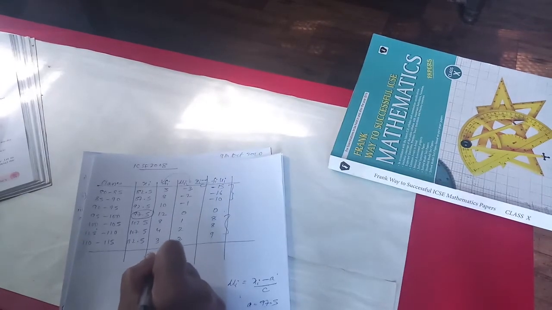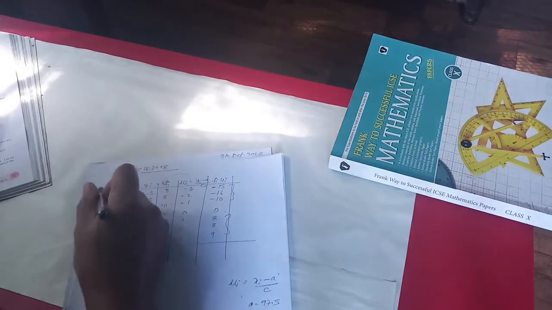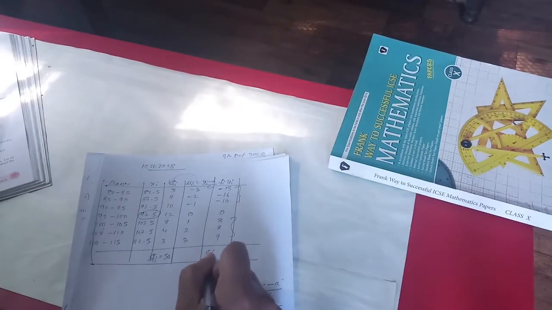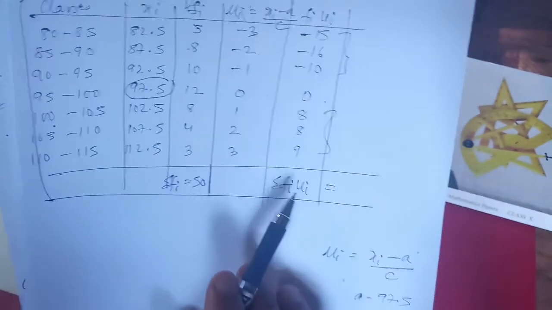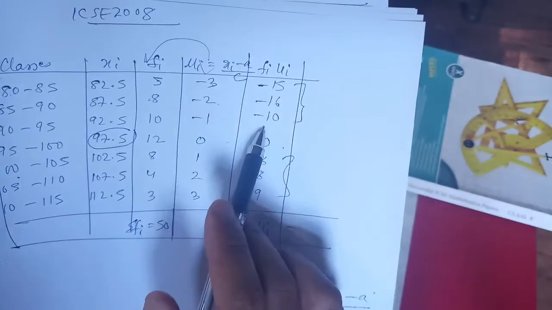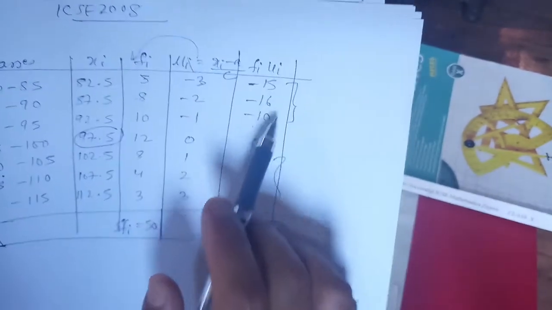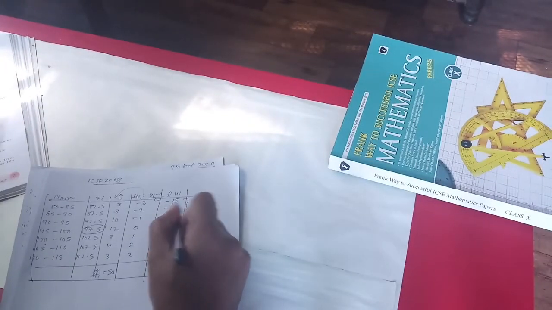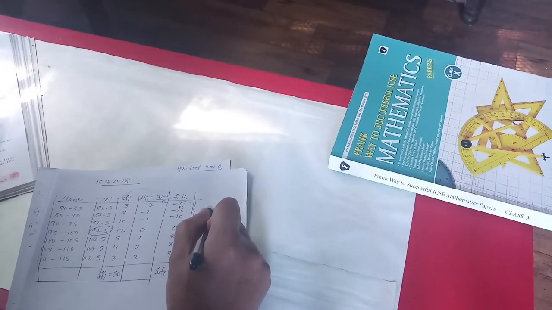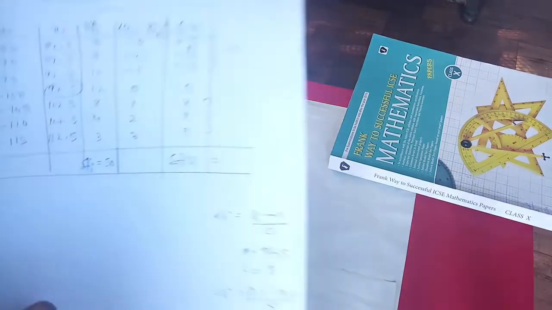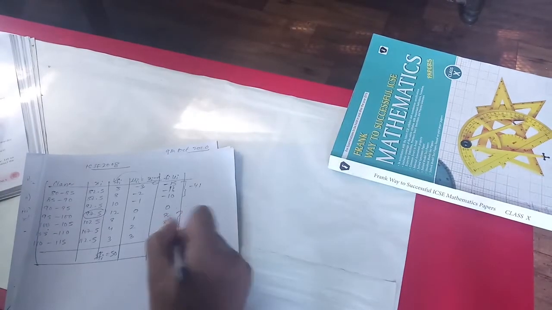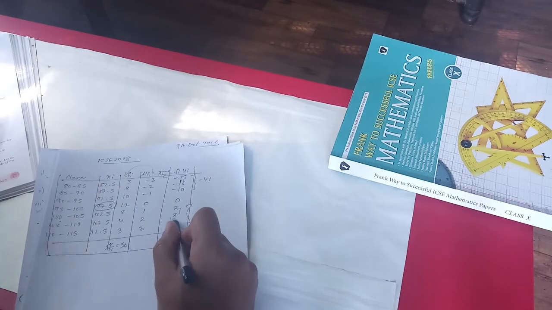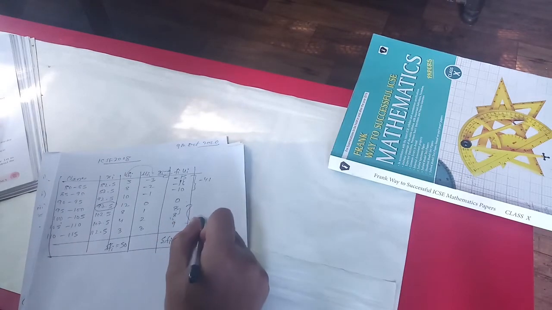summation fi is already given, 50 apples in the question, so summation fi will be 50. Summation fi ui. Look at summation fi ui. Add these three separately because all are minus. 25. 5 plus 11 minus 41. Okay, then you add this. 8 plus 8, 16. 25.